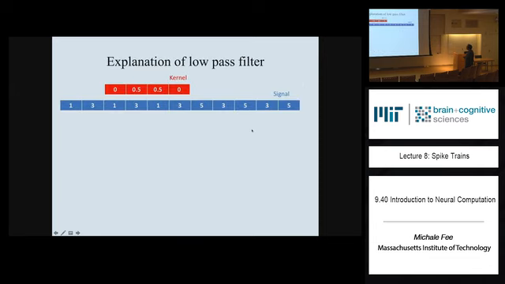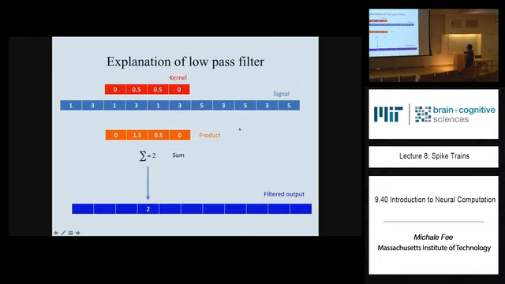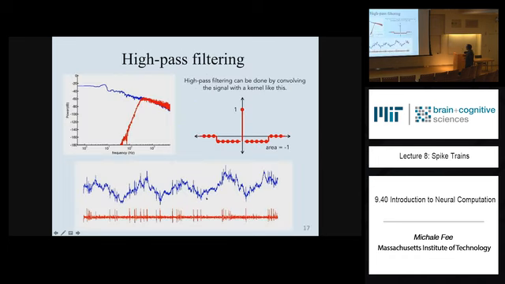So if we were to take this kernel and instead use the negative of that kernel, like this, then what we would get is the negative of this low-pass filtered signal. So this part of the high-pass filter is producing the negative of our low-pass filter.